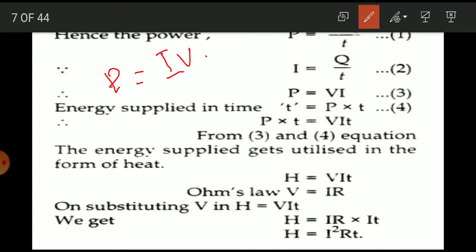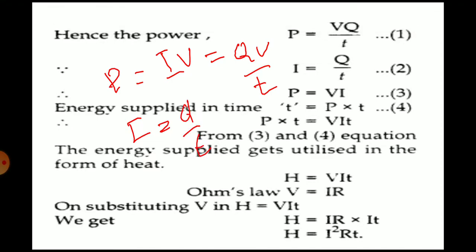I is equal to Q by T, so P is equal to QV divided by T, because I is equal to Q by T. So this is the verification of this relation.